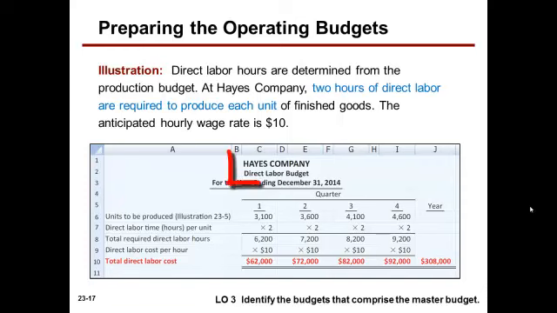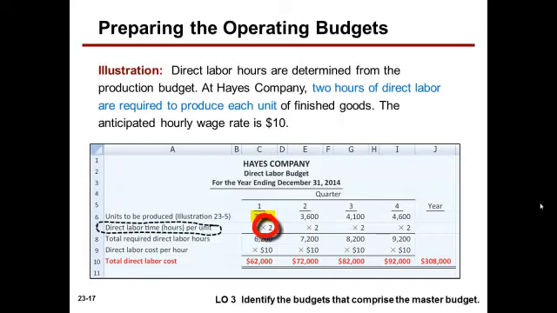Here's an illustration of a direct labor budget. Hayes determines that it needs 2 hours of direct labor for each unit produced of finished goods. Anticipated hourly wage is $10 per hour. So again, starting with our production budget, units to be produced, first quarter, 3,100 units.